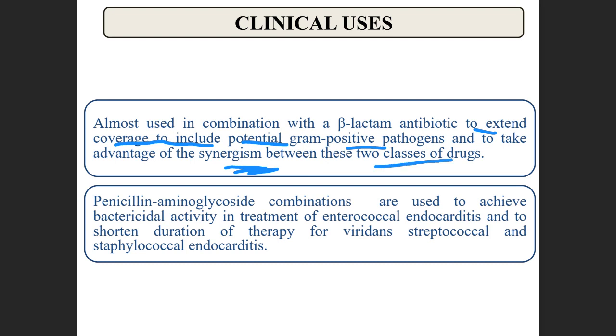Penicillin and aminoglycoside combinations are used to achieve bactericidal activity for the treatment of some conditions like enterococcal endocarditis, and to shorten the duration of therapy in the case of streptococcal endocarditis. So in the case of streptococcal or staphylococcal bacteria, this will shorten the duration of therapy. So these are the clinical uses.